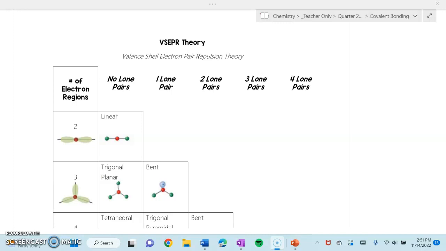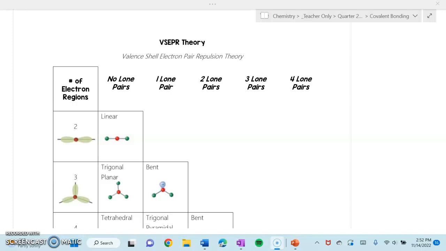When our electrons are shared pairs, they're connecting atoms, so we will call those our shared bonding regions. Anywhere that there are lone pairs, those are non-bonding regions. When we're looking at the shape of a covalent compound or molecule, we will be observing specifically the bonding and non-bonding regions around the central atom of our compound.